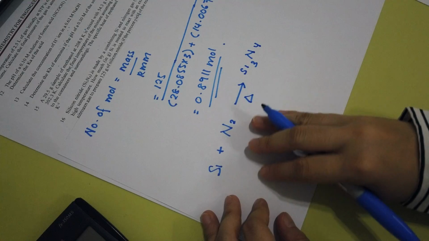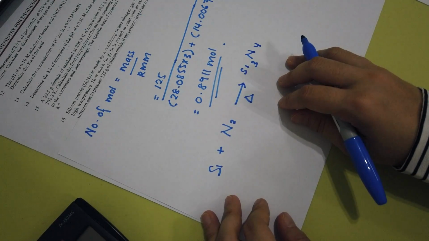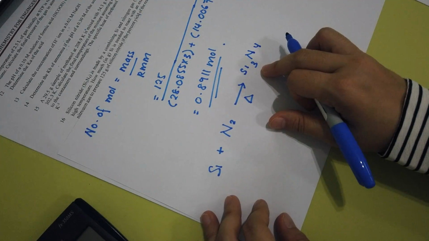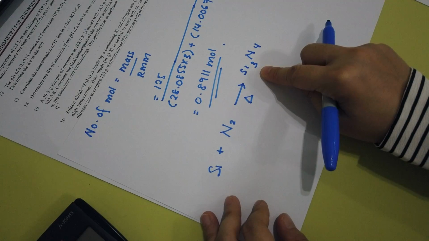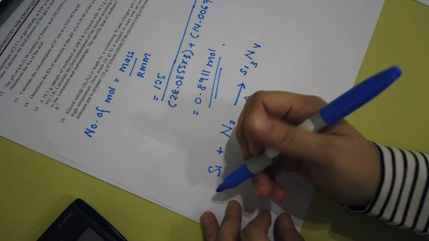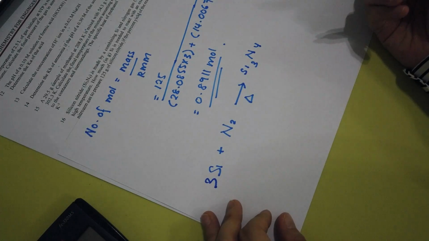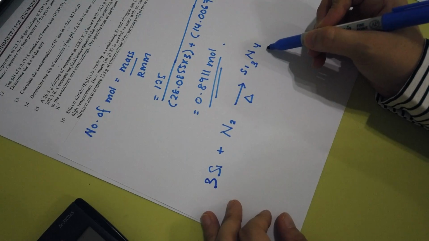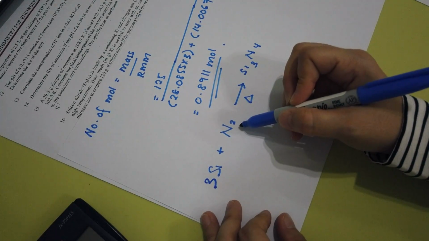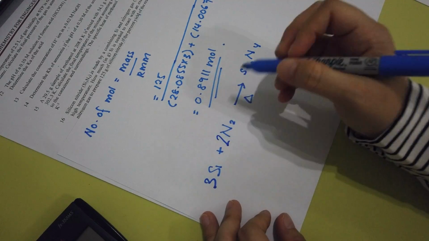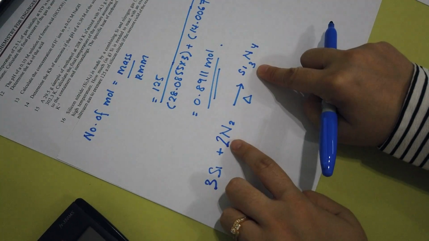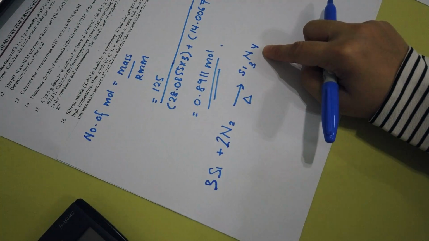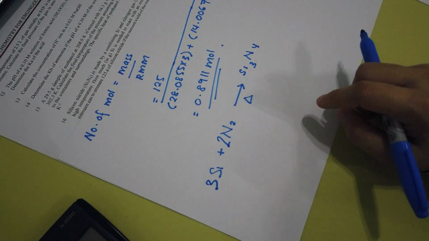So how are you going to balance this equation is that you need to look at the number of silica around here. So silica here at the product you have 3, so this one have 1, so this one times 3. And then looking at the nitrogen here, you should have 4, but now in the reactant you only have 2, so you need to times 2. So 3 silica and 2 times 2 equivalent to 4 nitrogen, so you get the balanced equation.